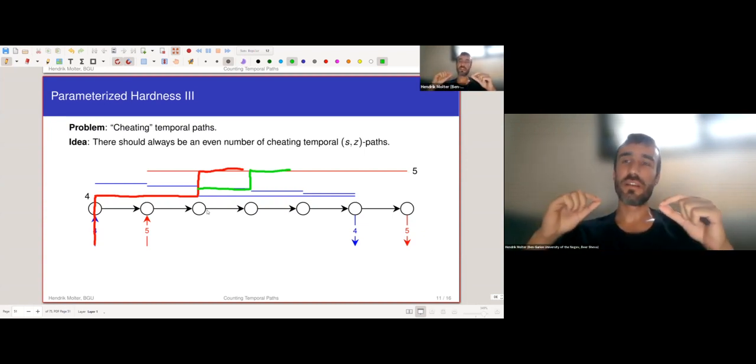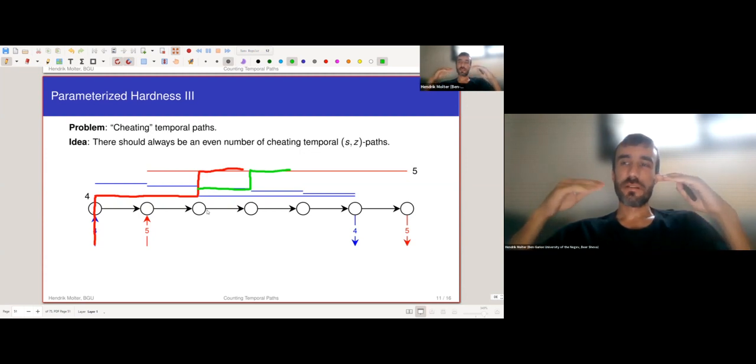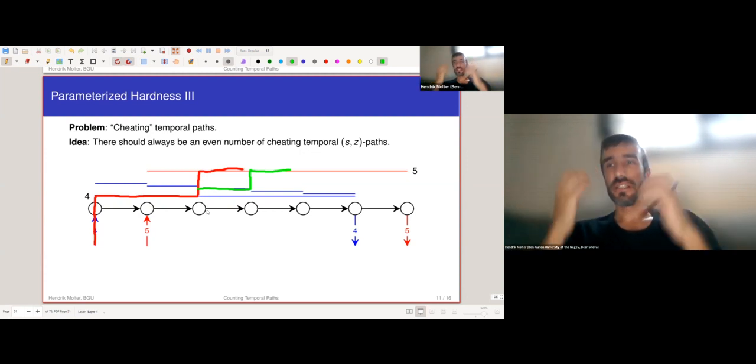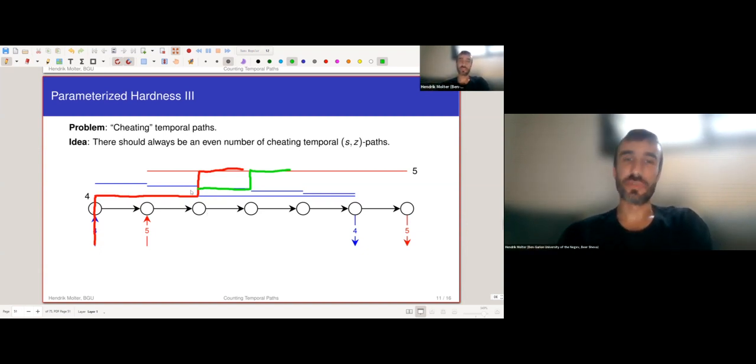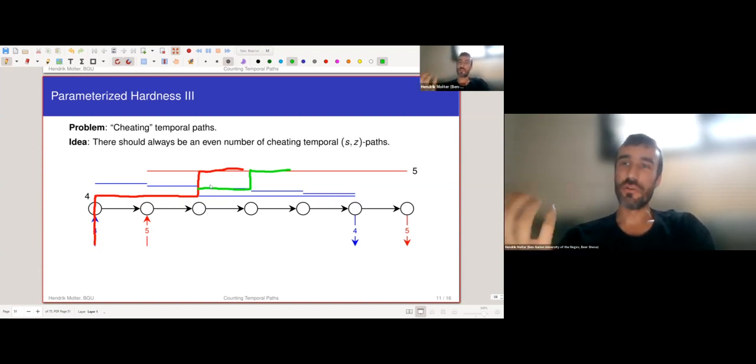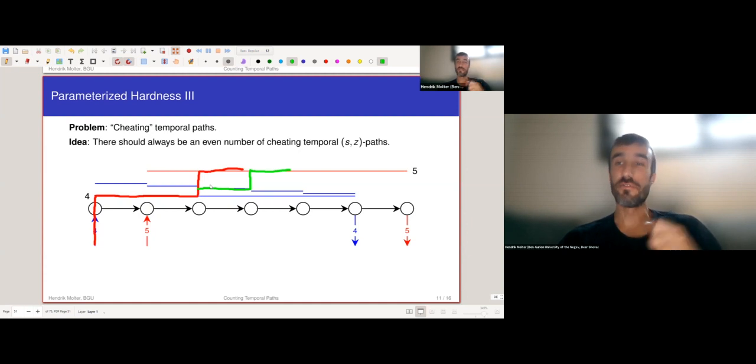And this is how we get that this doesn't matter for our correctness. We can disregard those, since we know they are going to be even, so they don't change the parity of the temporal paths that follow the rules we intend them to have.